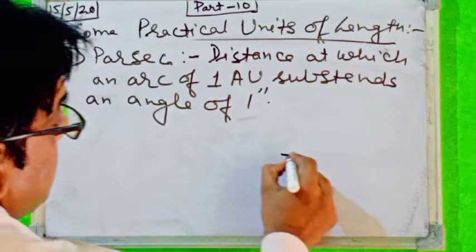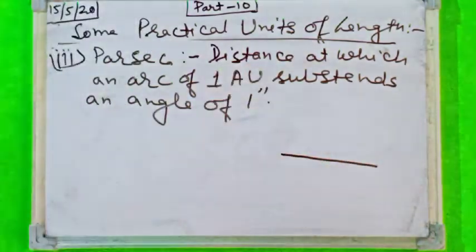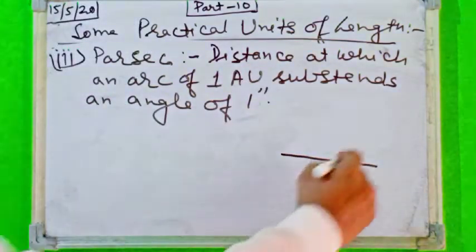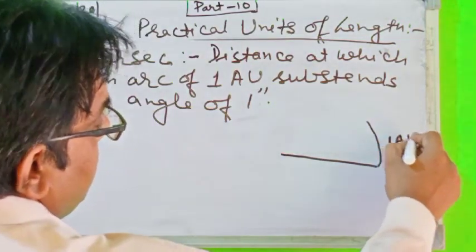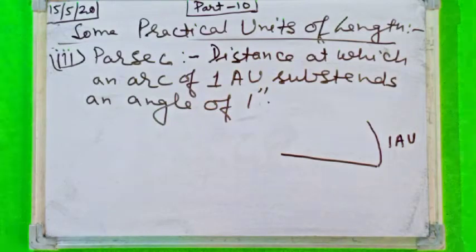Means, distance at which an arc of 1 astronomical unit subtends an angle of 1 second. This is the arc of 1 astronomical unit.